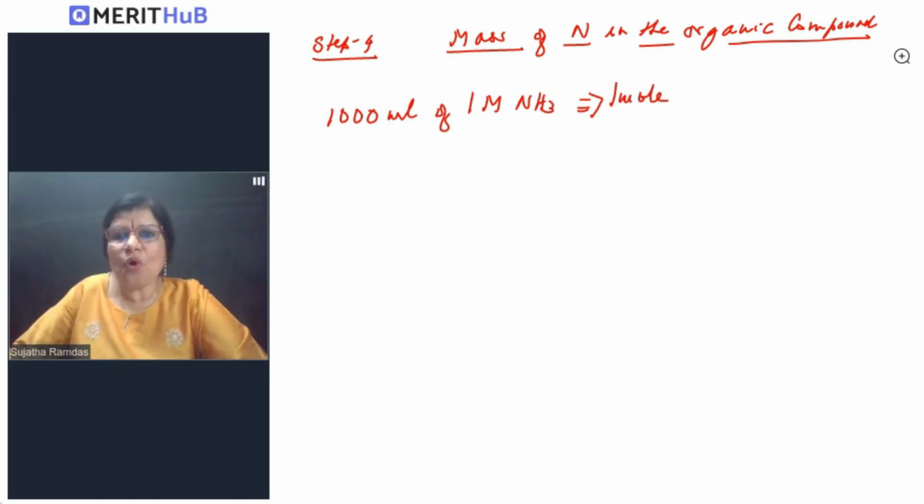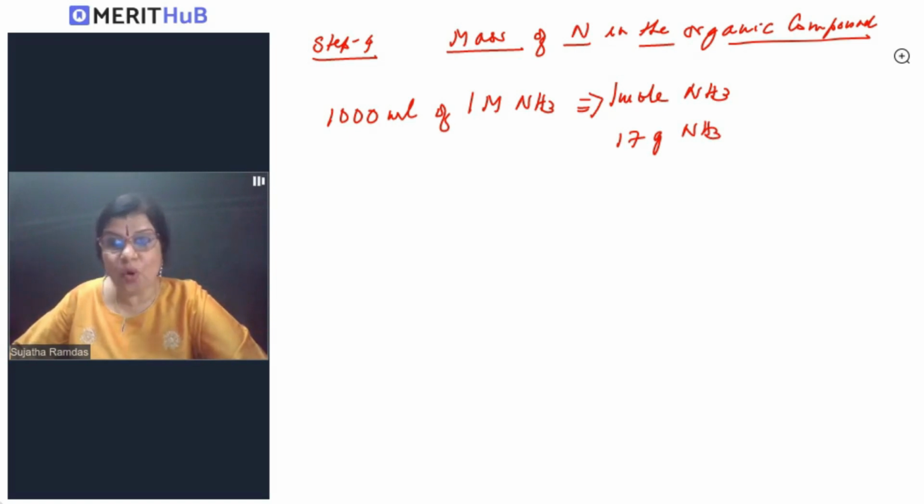Now, 1 mole of ammonia corresponds to 17 grams of ammonia. So 1 mole of ammonia or 17 grams of ammonia would contain 14 grams of nitrogen.